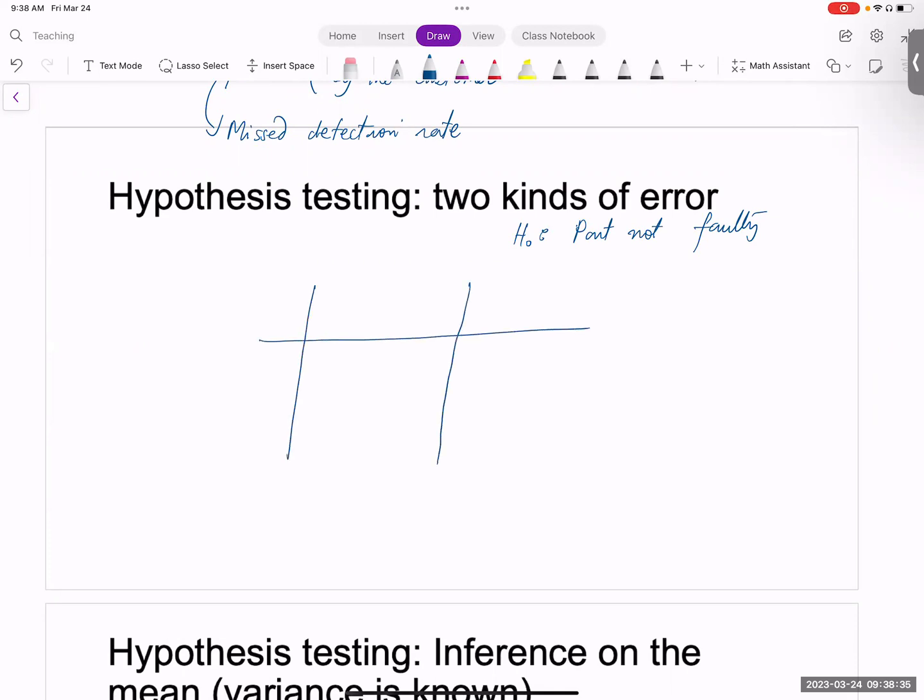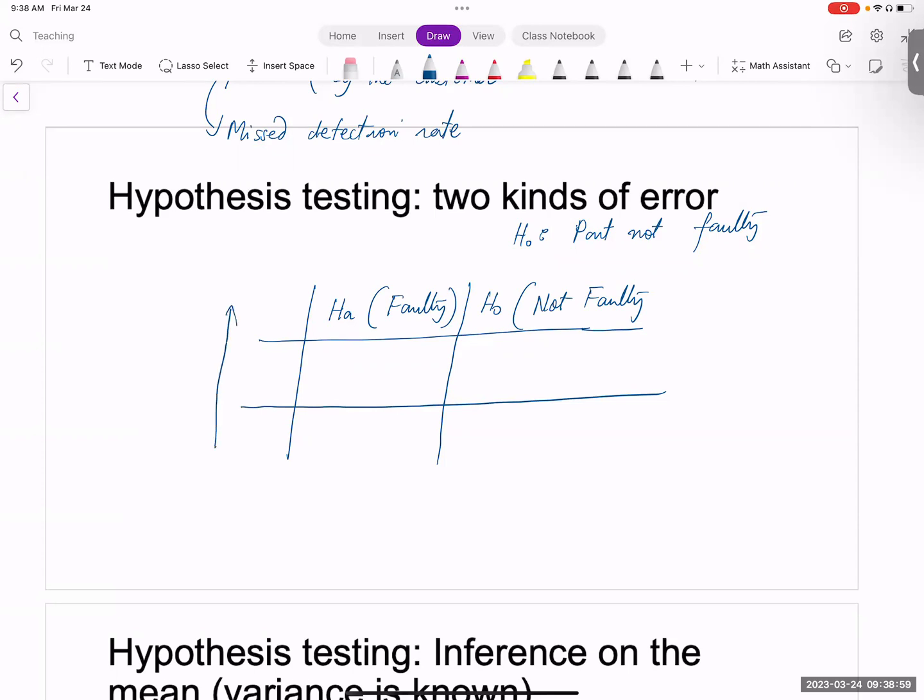The first column of this table is the hypothesis. For this example, HA, the alternate hypothesis, is part faulty and H0 is not faulty. That's your hypothesis.